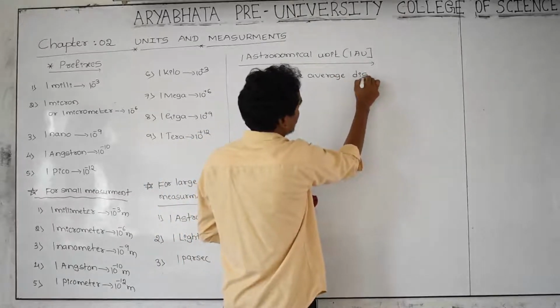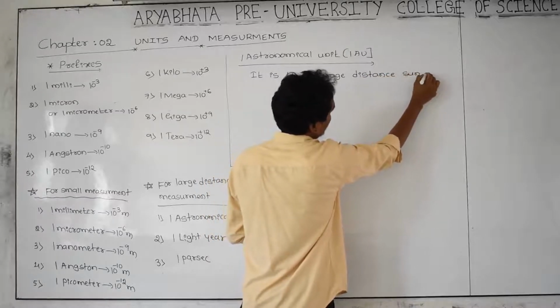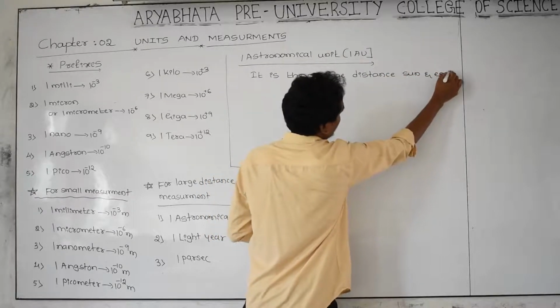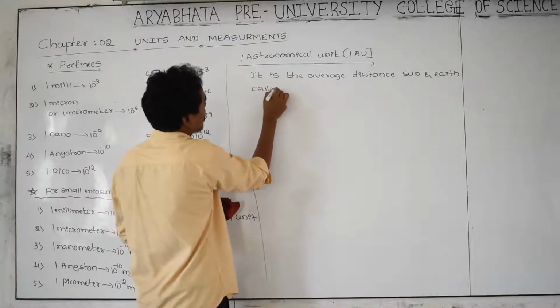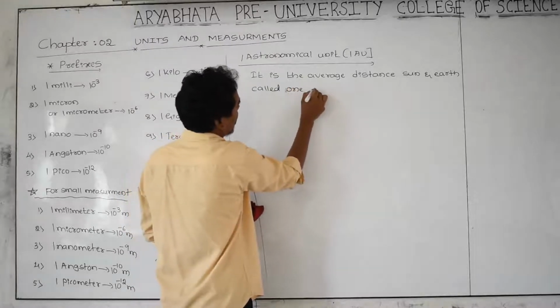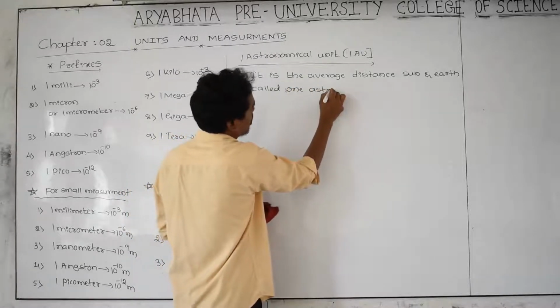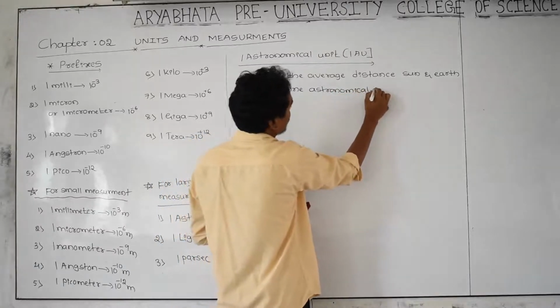The average distance between Sun and Earth is called one astronomical unit, shortly indicated as 1 AU.